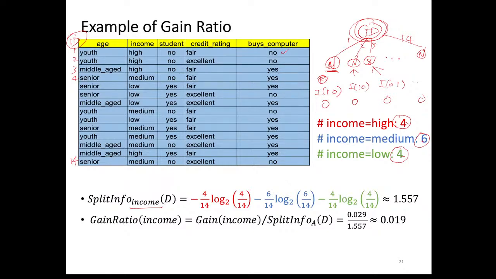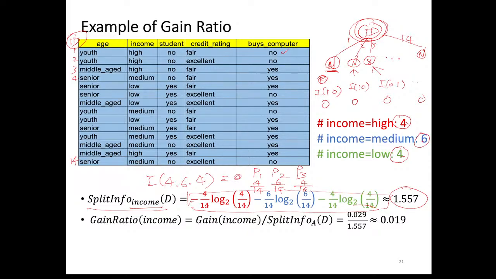We have info(4, 6, 4), which gives us negative this formula, with P1, P2, P3 being 4 divided by 14, 6 divided by 14, and 4 divided by 14 respectively. So this is the formula, and this is called the split information of income.